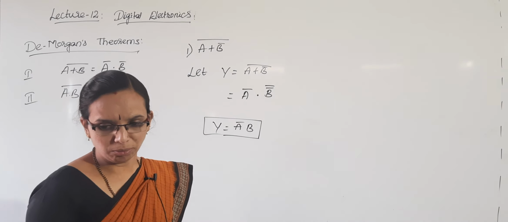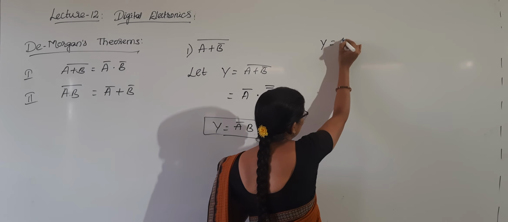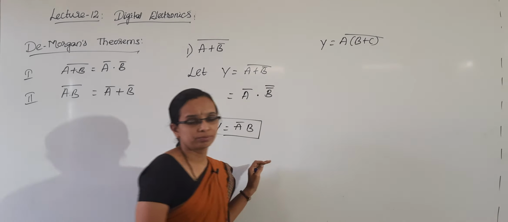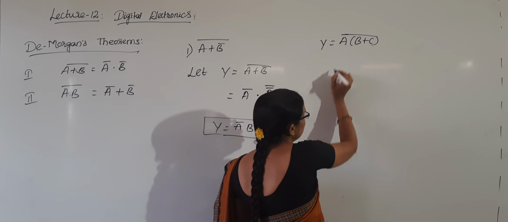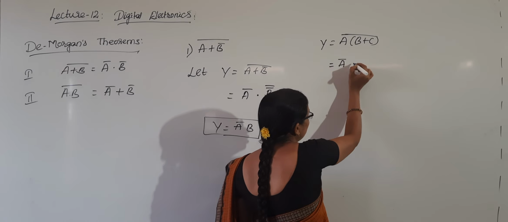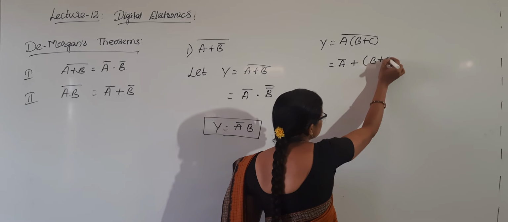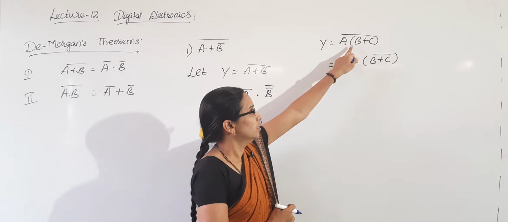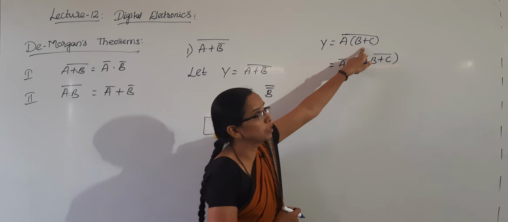And the next problem is y is equal to (a into (b plus c)) whole bar. That will be a bar plus (b plus c) whole bar. First, I had split only a from this b plus c.